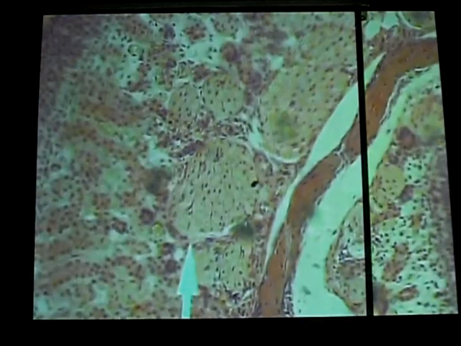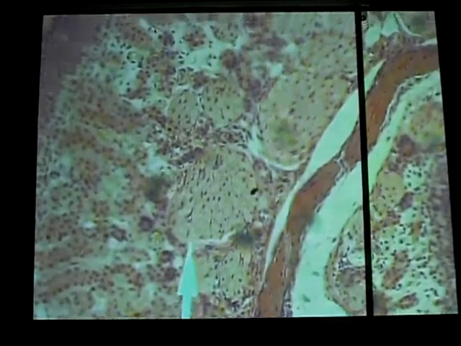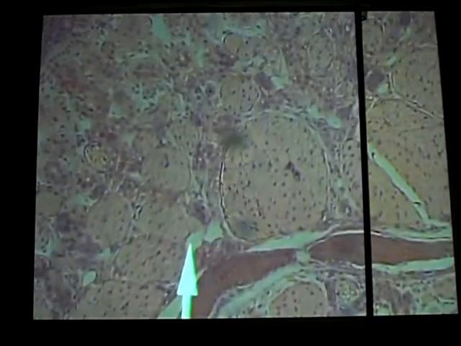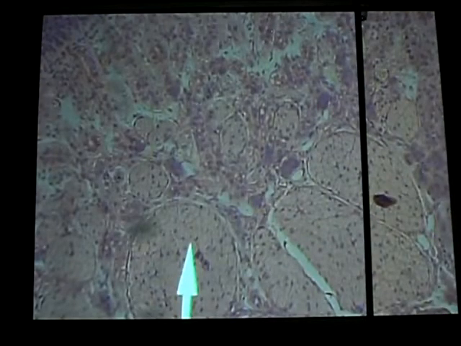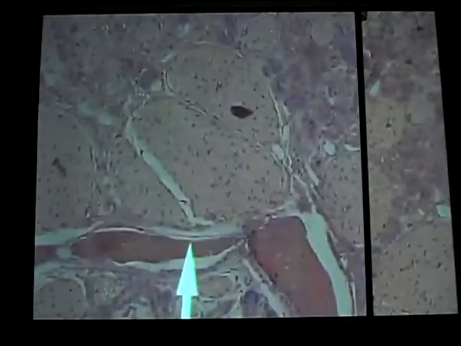So again, I could ask you the structure. For this one, it's ID the structure. We know that we're looking at our olfactory epithelium, so you're not going to say peripheral nerve. I'm asking you specifically to identify the fila olfactoria, those nerve bundles that are present.